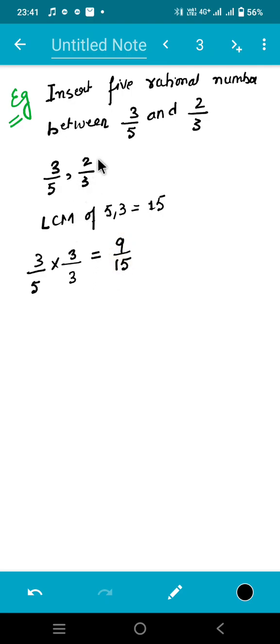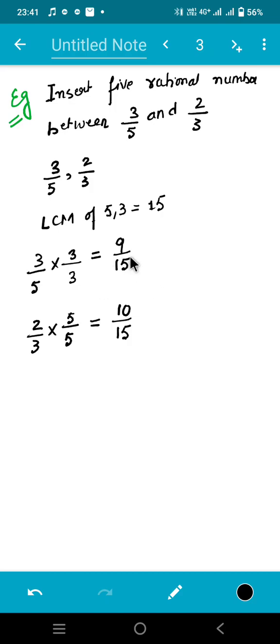Same thing you will do with the next rational number, 2 by 3. Divide 15 by this denominator 3, you will get 5. Now this 5 you will multiply with the numerator and the denominator as well. So you will get the required answer as 10 upon 15. Fine. So, this is the first step.